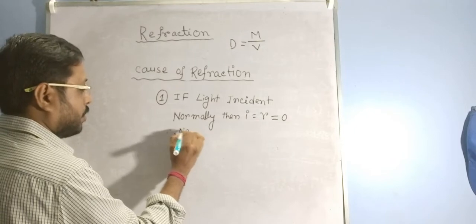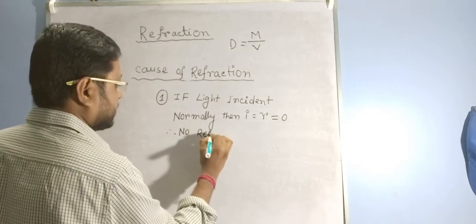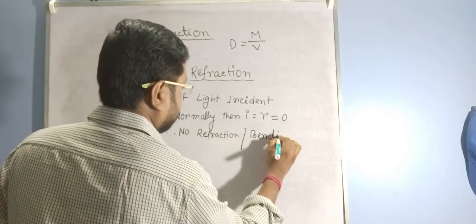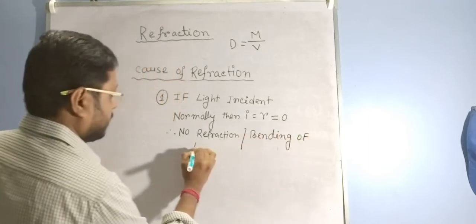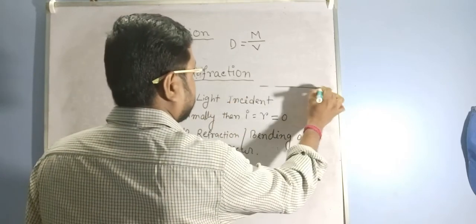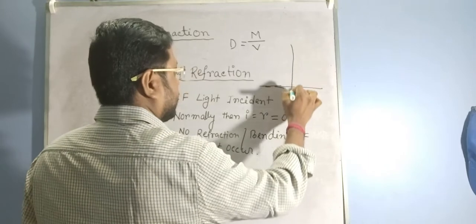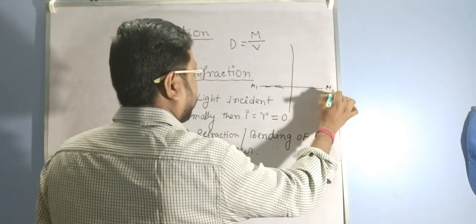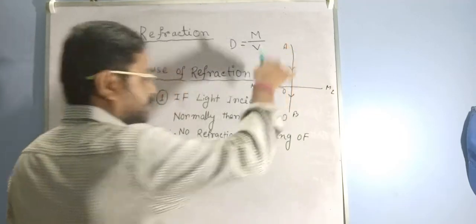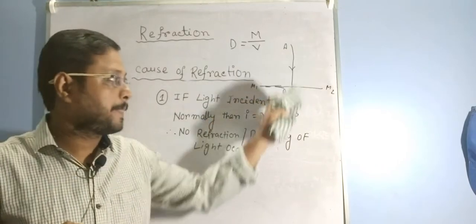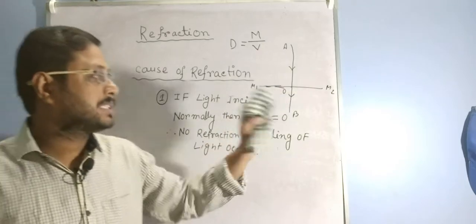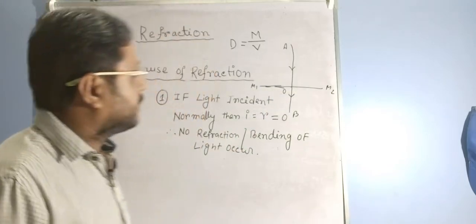Therefore, no refraction or bending of light occurs. If light is incident normally, then it passes straight without any deviation. So here the angle of incidence and angle of refraction are 0. Here no refraction occurs.